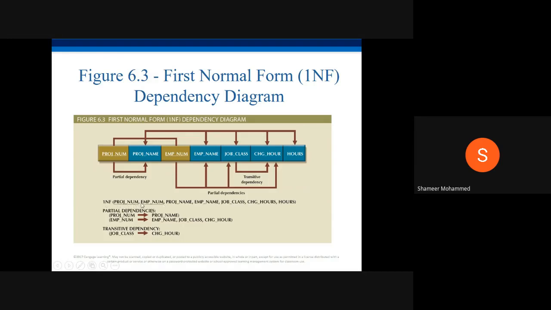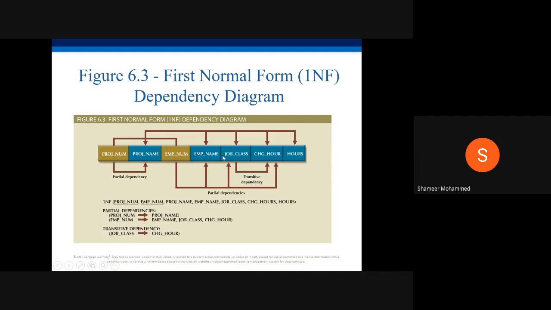In the first normal form, these two are the primary keys and these are the derived attributes. And what is the partial dependency in this one, that you have to write like this? What is the transitive dependency, that you have to write like this? Sometimes they will give you this picture without these names, labels, and you have to write like this: first normal form, what is a second normal form, what is a third normal form, and what are the dependencies.